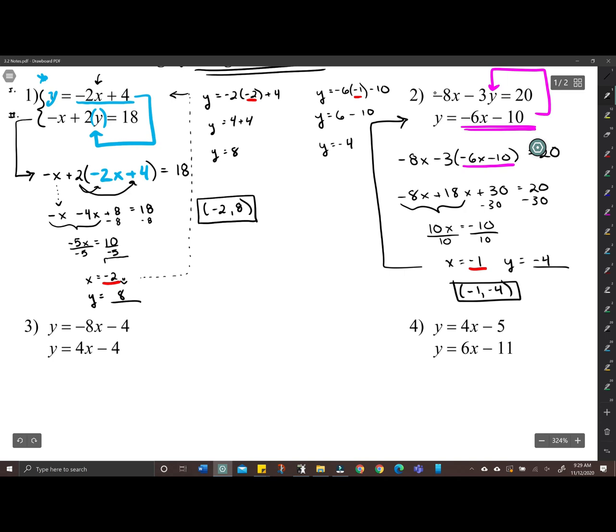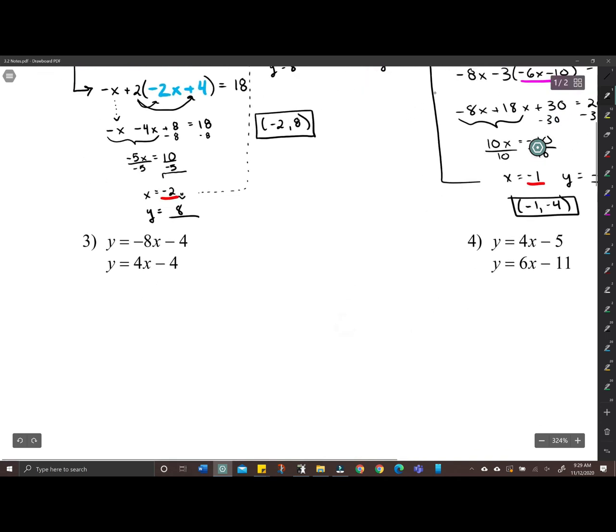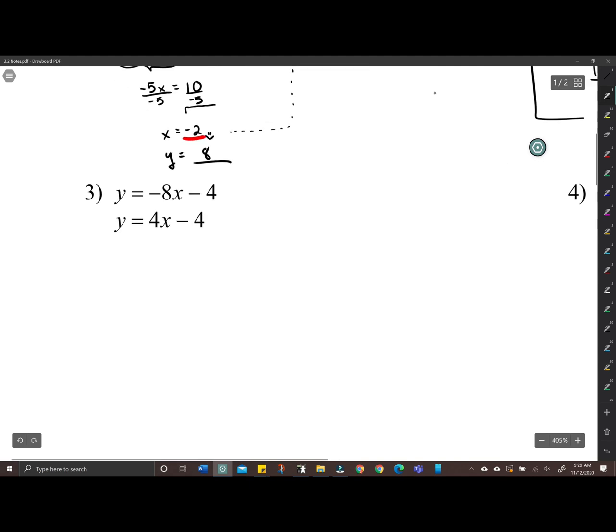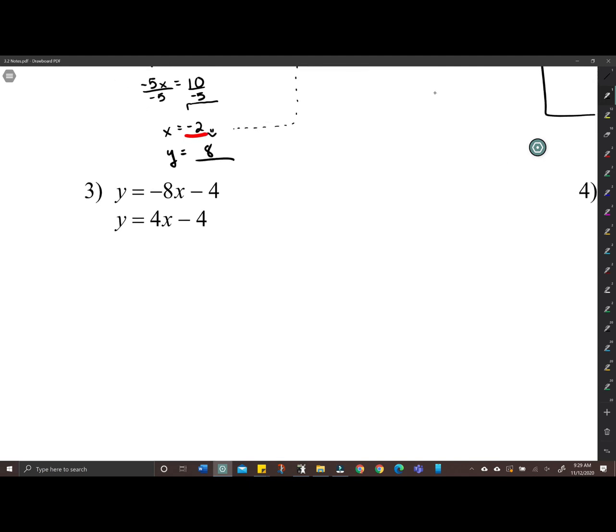So they might look a little different. Something like number 3 here. They're both solved for y. How did we do there? Well, it's kind of a sneaky thing to do here. What that means is if y is this here and y is that there, we can just set them equal to one another.